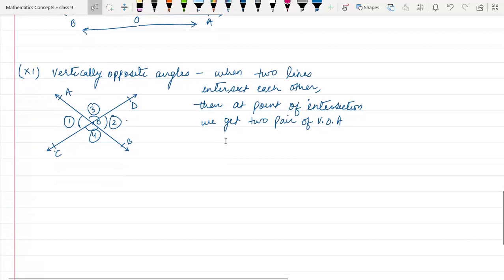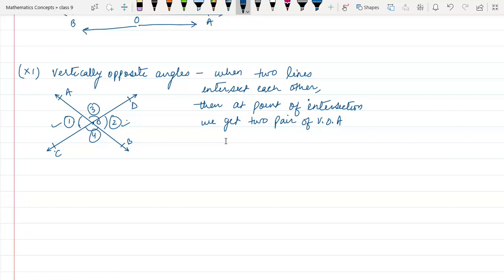So the final angle that we are having is vertically opposite angles. In vertically opposite angles, we need to understand when two straight lines intersect each other, then there are 4 angles formed. You can see 1, 2, 3 and 4. Such angles in which 1 and 2 are opposite to each other, we call them vertically opposite angles.